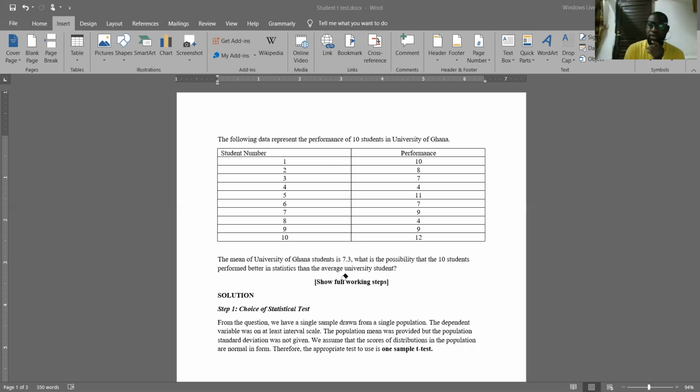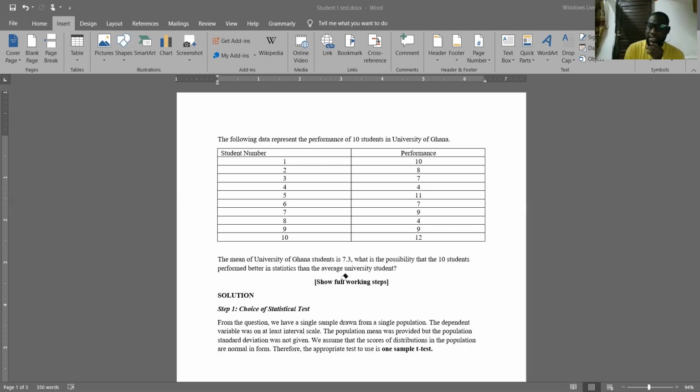So when you read, you will see that the first statement that I made, I was trying to tell my examiner that from the question, I was able to decipher that a sample was generated from a population. Then I went further to indicate that the dependent variable, which is performance, is on at least interval scale.